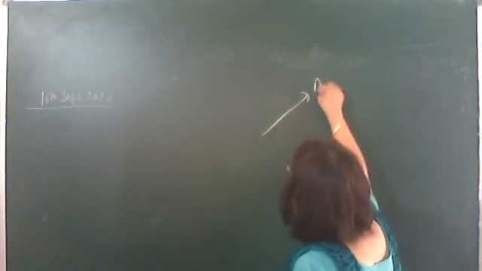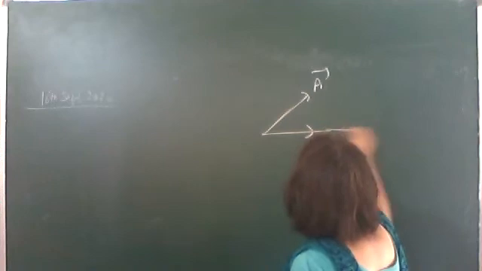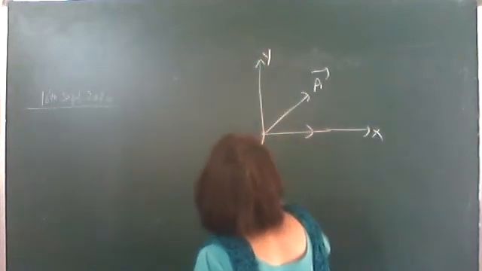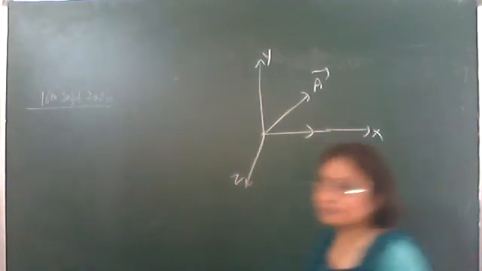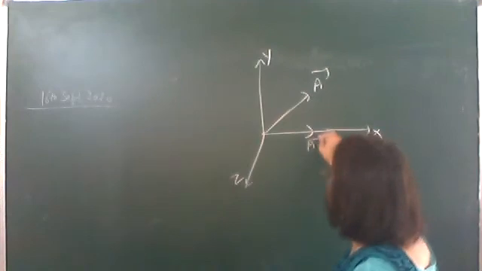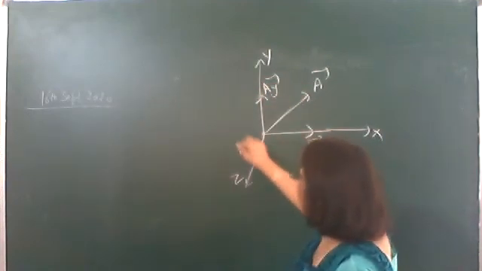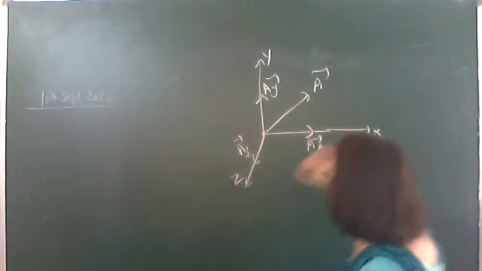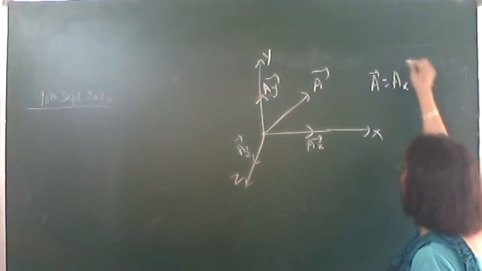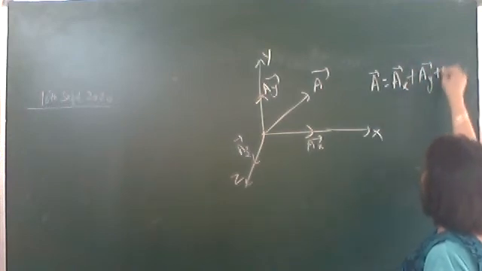Let there be a vector A which is resolved along x-axis, y-axis and z-axis. Along the x-axis, let the components be ax, ay and az. And we resolve it in such a way that the A vector is equal to ax vector plus ay vector plus az vector.